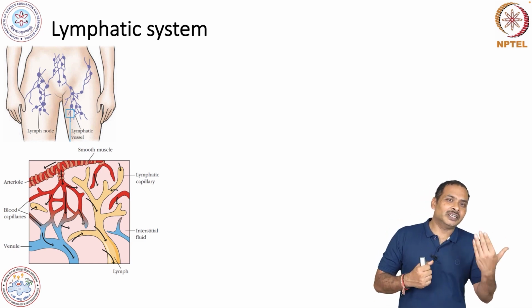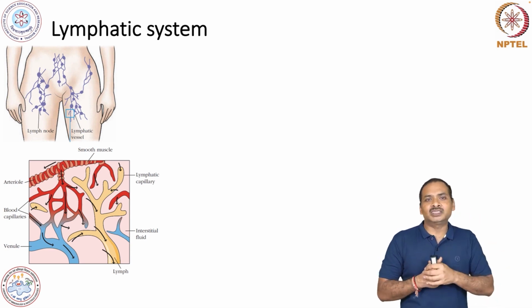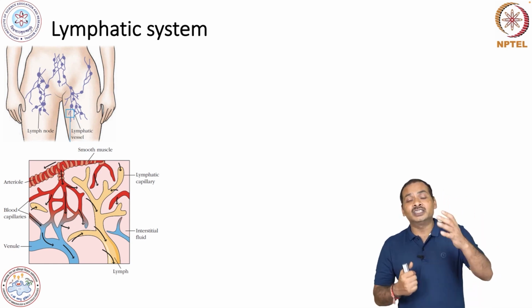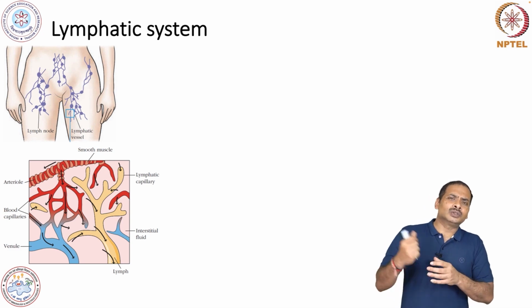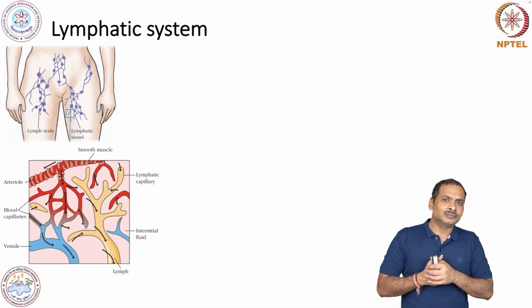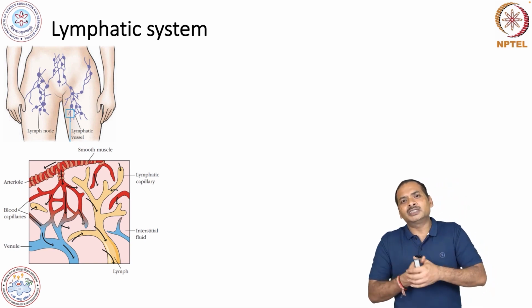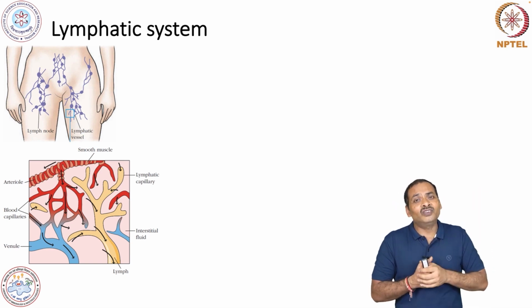I have explained the role of the spleen. Whatever antigen is present in the blood, the blood-borne antigen, will be filtered in the spleen. But in case of tissue antigen, this will be present in the lymph, and then it will be transported, because this is linked with the lymphatic vessels.